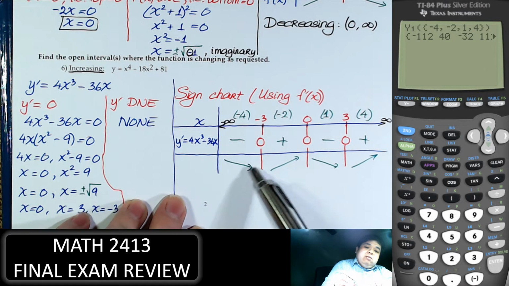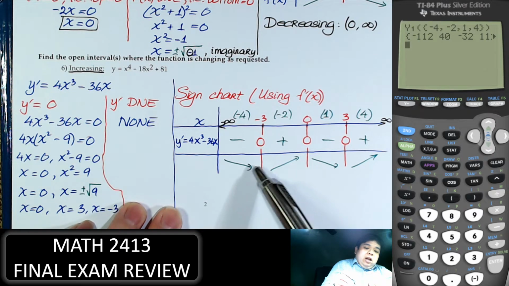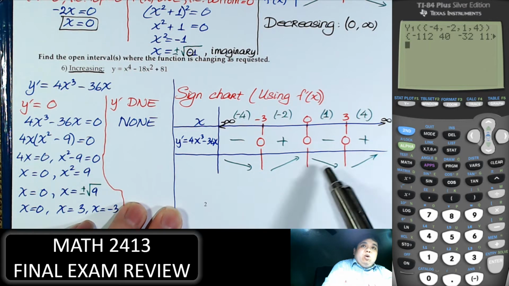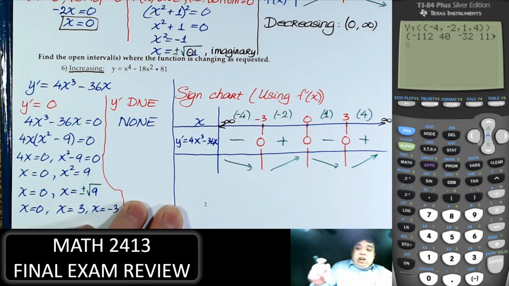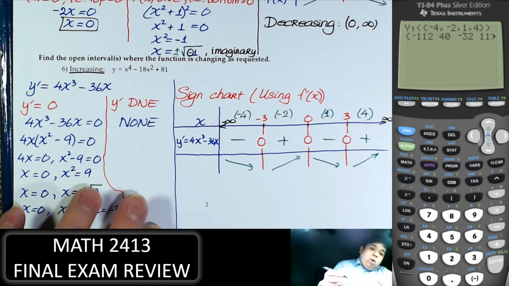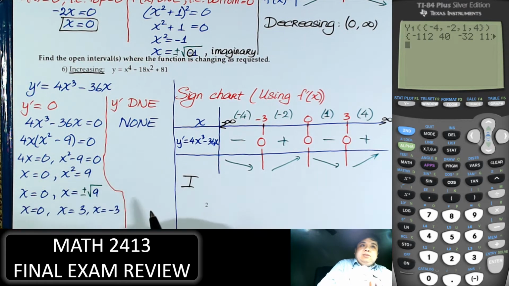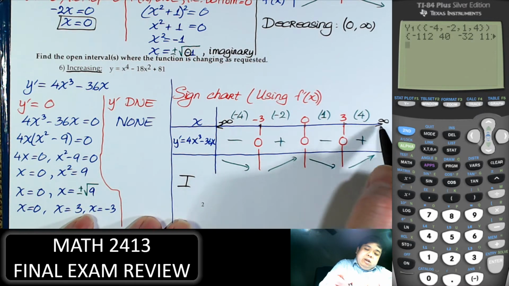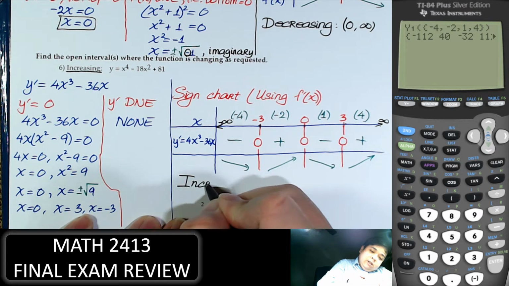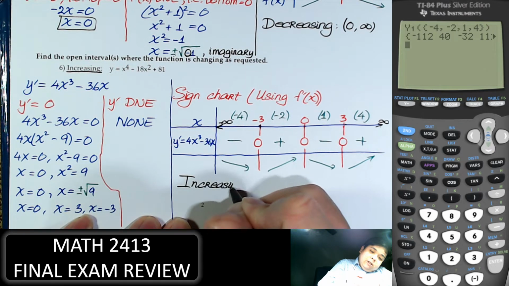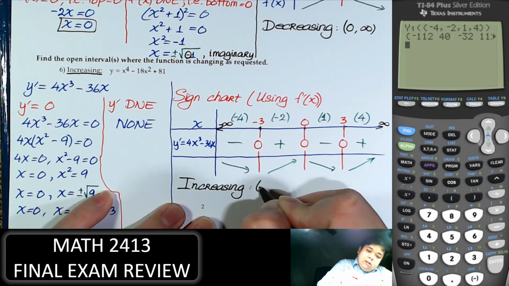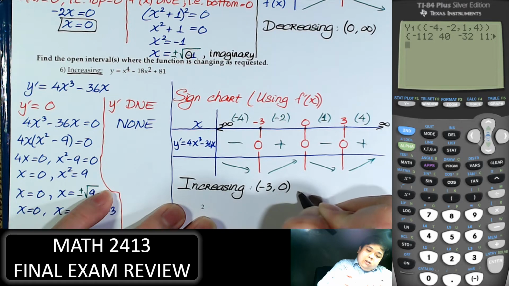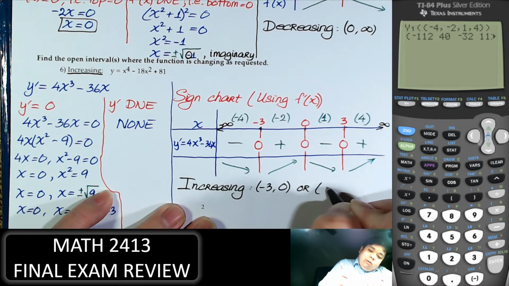So we have a local minimum, local maximum, local minimum, but the question did not ask us that. The question asked where the function is increasing. So we just say from here to here and from here to here, or from 3 to infinity.